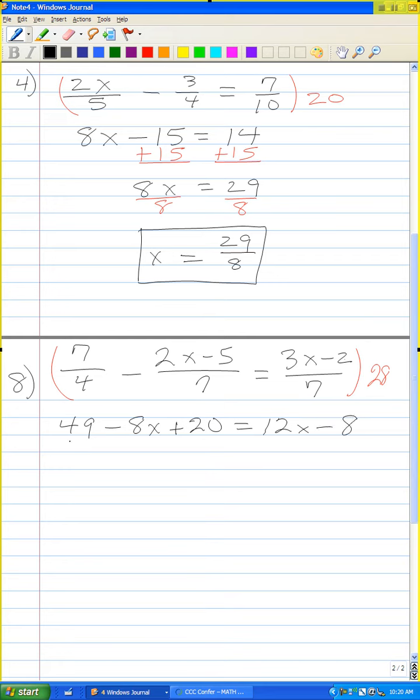Combine like terms: 49 plus 20 is 69, minus 8x is 12x minus 8.